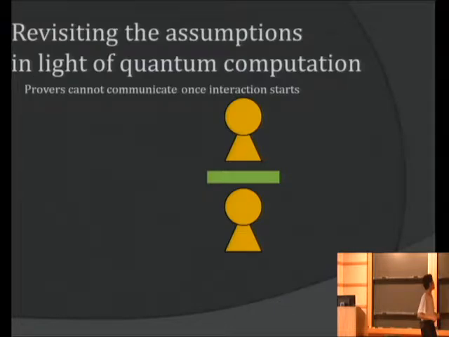Okay, so in the multi-prover interactive proof system, we assumed the provers won't communicate with each other after the interaction starts. But before the interaction starts, they can do anything.